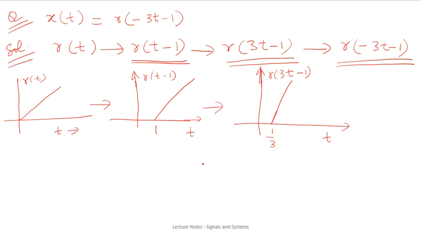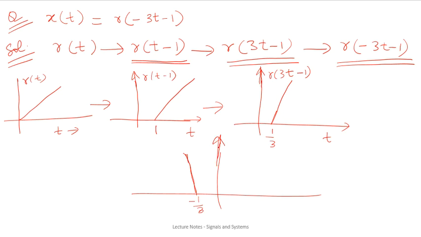And then in the last step you have to perform the time reversal operation. So again you just have to obtain the mirror image of the previously obtained signal. Something like this it will be drawn. This will be a straight line again. This is minus 1 by 3 and so on.